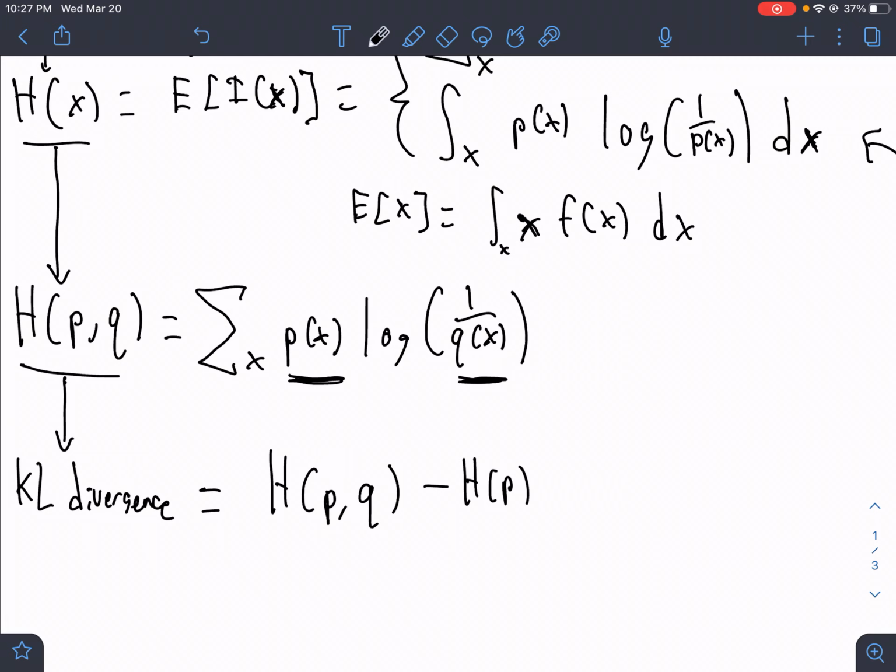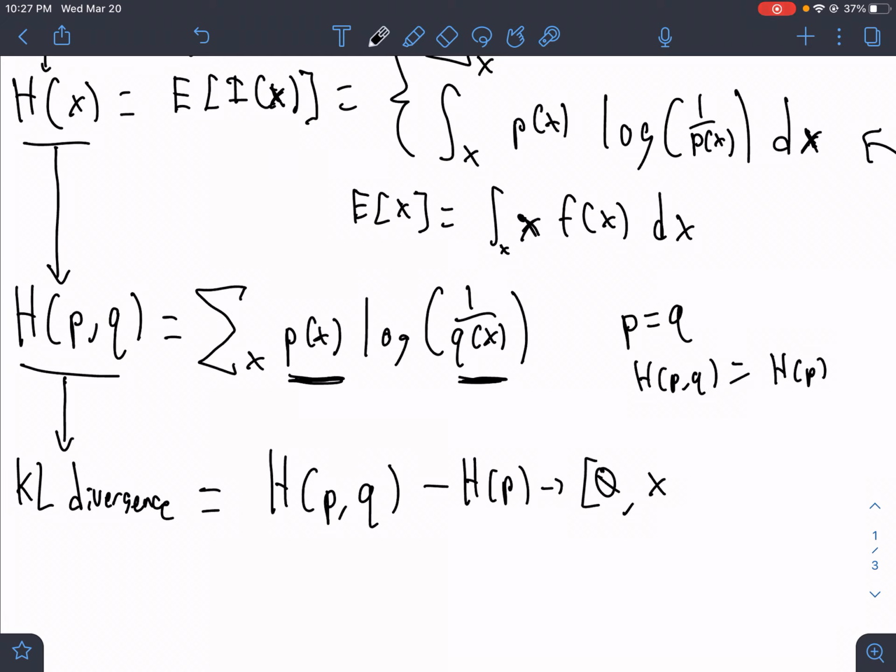Because when P and Q are equal to each other, then H of P comma Q is just H of P, right? And it turns out that cross entropy is actually always larger than entropy, or equivalent to. So in this case, KL divergence, its lowest bound is 0, right?